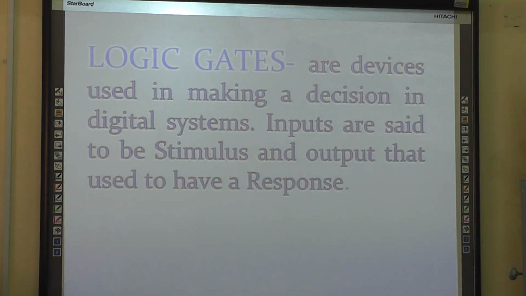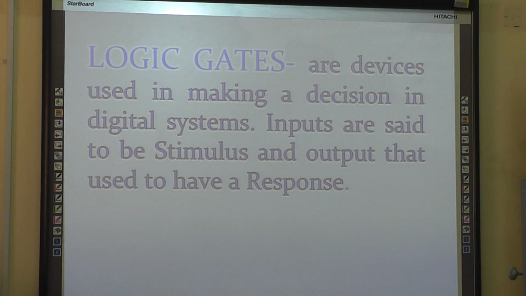But we combine this logic and gates. What is the meaning? So logic gates are devices used in making a decision in digital systems. Inputs are said to be stimulus and output is used to have a response. So that means there should be a trigger in the inputs before responding to the output.